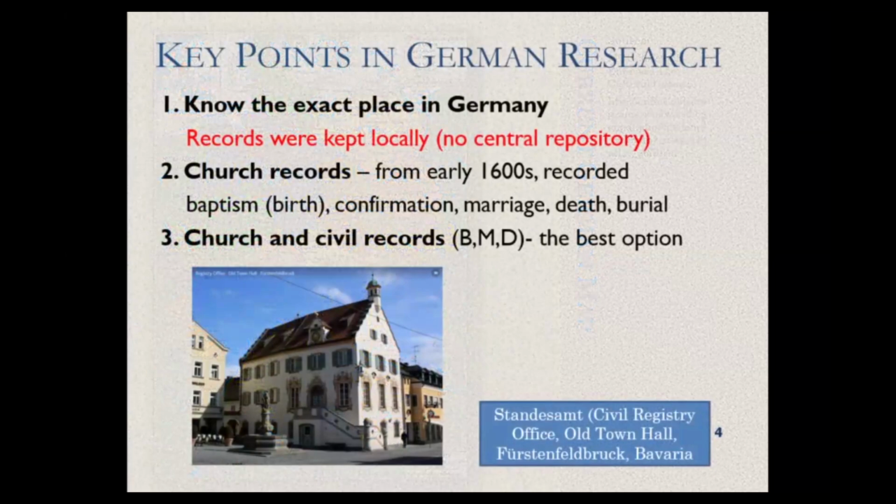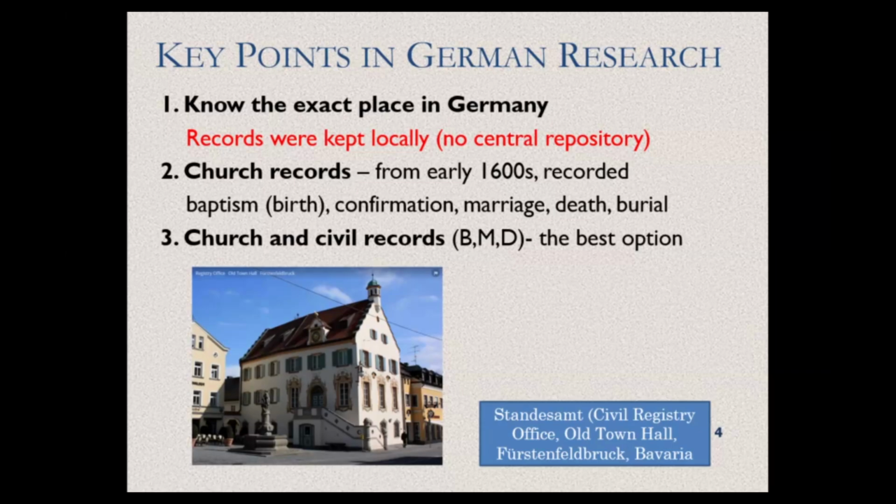Okay, let's go to the main key points we need to focus our research on. I still need to do my research as well. We constantly need to do some research, right? Records were never centralized. For example, in the US, when you start US genealogy research, you start with the US federal census, after you explored all the documents and records in your family and extended family.